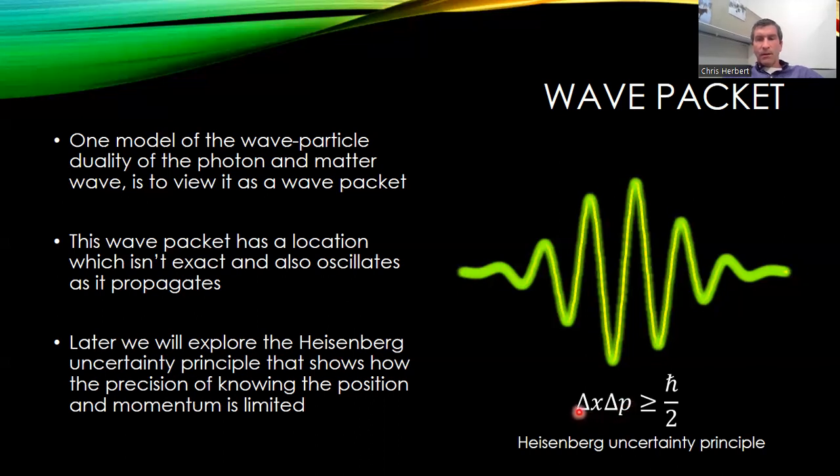So the location spreads out over a finite delta x, but we'll also see there's a finite bandwidth. Remember, momentum is related to the wavelength. So if we have a spread of wavelengths or frequencies, that corresponds to a spread of momenta. That's very much connected with the Heisenberg uncertainty, where you can't know the exact position with certainty, and also the exact momentum.